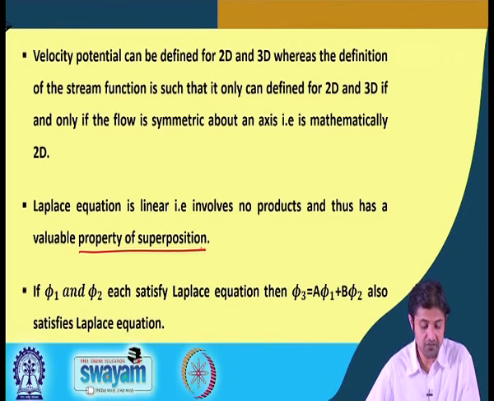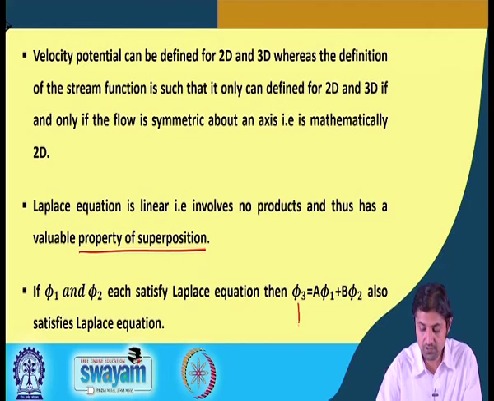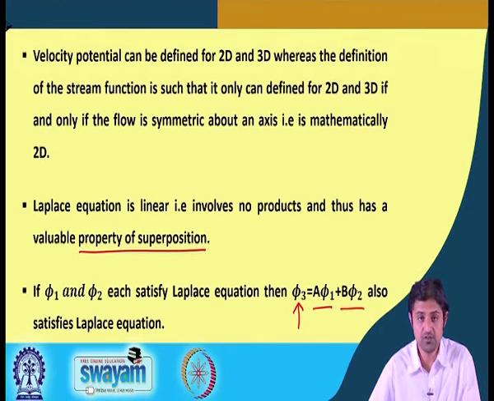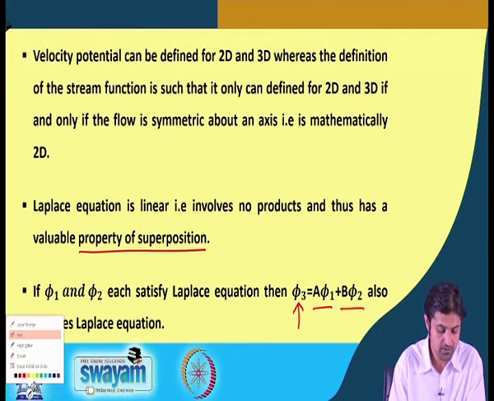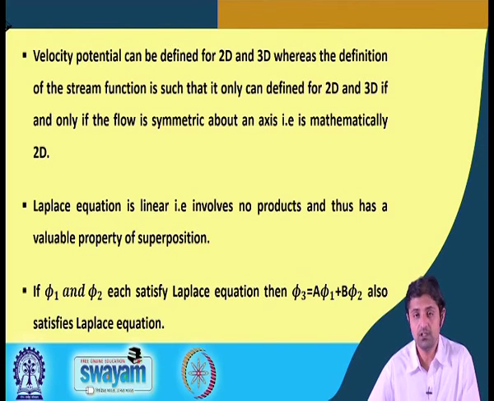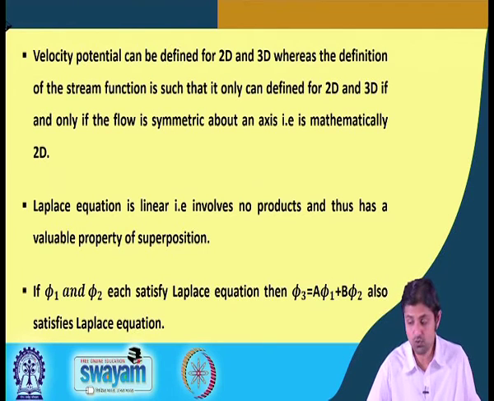If phi 1 and phi 2 are velocity potentials and each of them satisfies the Laplace equation, then we can define another velocity potential phi 3, a combination of phi 1 and phi 2, that is a phi 1 plus b phi 2, which will also satisfy the Laplace equation. So any combination of phi 1 and phi 2 will satisfy the Laplace equation if phi 1 and phi 2 each satisfy it. The reason is that the Laplace equation is linear and does not involve any products, and therefore can be superimposed.